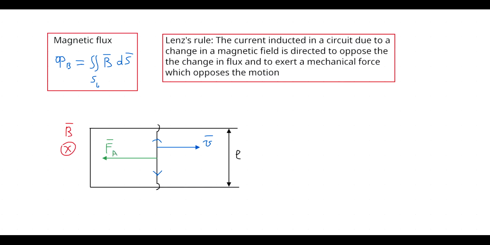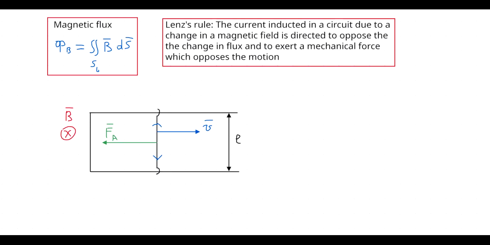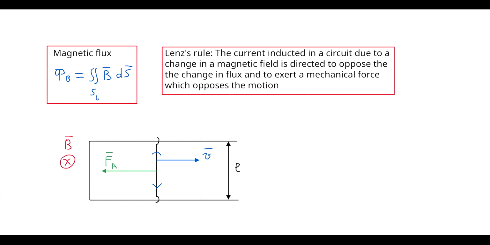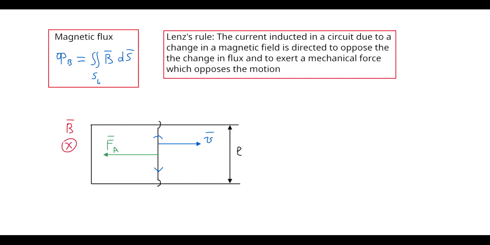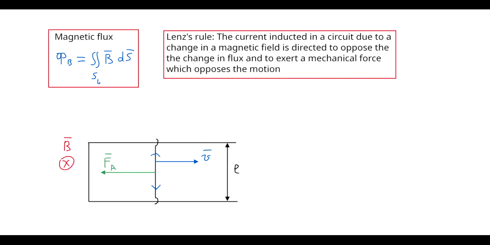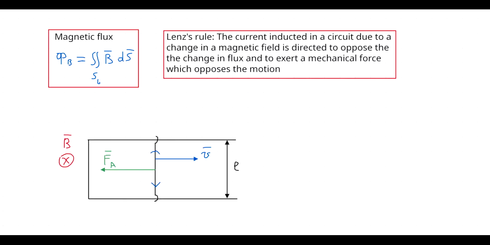And this Ampere's force must be directed opposed to the velocity, according to the Lenz rule. And this allows us to define the direction of induction current. So how to do this? We can use left hand rule.